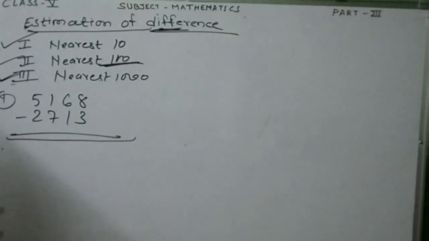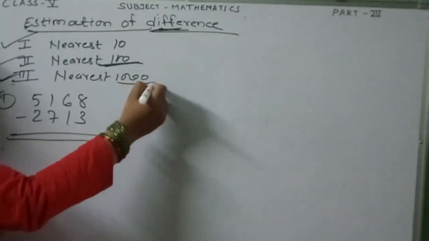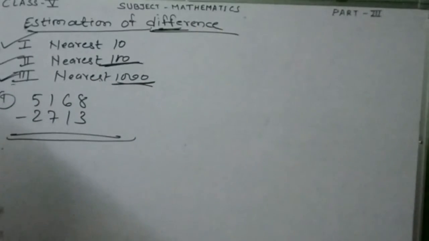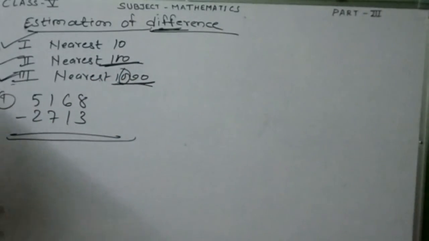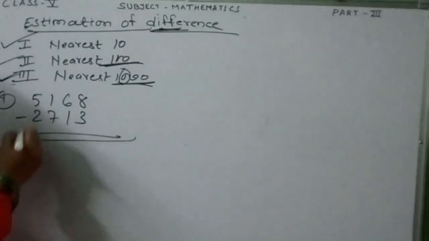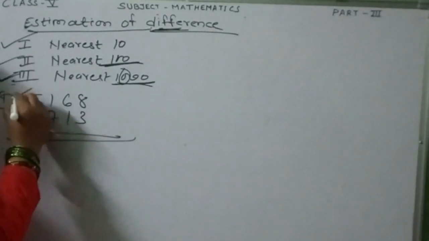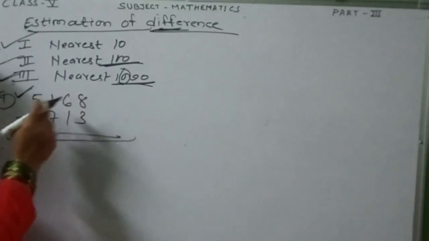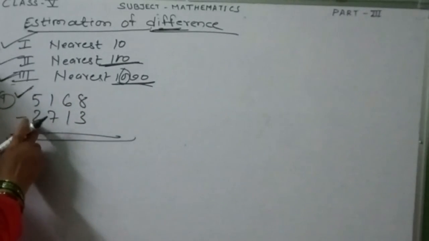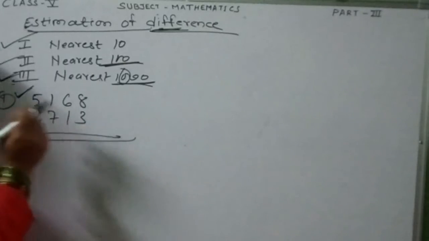You have to find the estimate value to the nearest 1000, and in case of 1000, as I told, we have to check the hundreds digit. Now the first work is to find the estimate value of 5168 and also the estimate value of 2713.